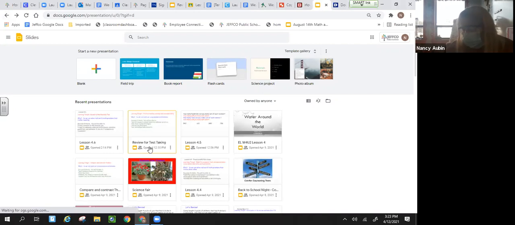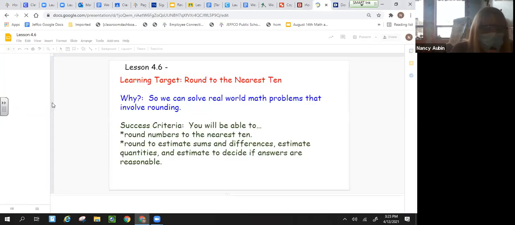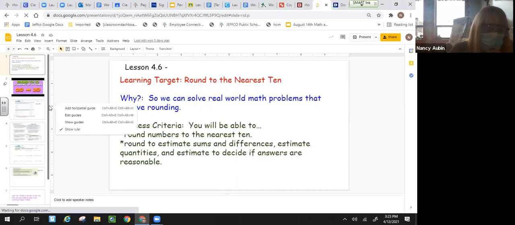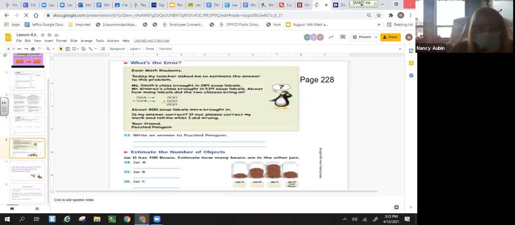It's the next page. You're going to do the Puzzle Penguin on the next page. You're going to rip out the page with your name on it and turn it in. So we're not going to do the bottom, just number 33.